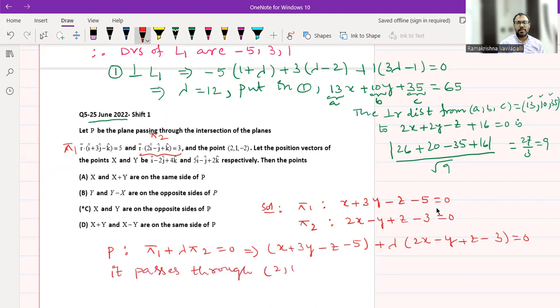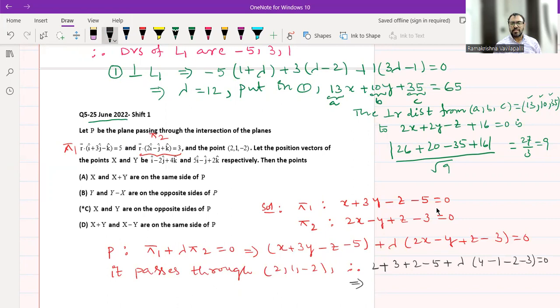So therefore, substitute this point directly. Substituting here, 2 plus 3 minus of minus 2 minus 5 plus lambda into 4 minus 1 minus 2 minus 3 equal to 0. So you just simplify it.